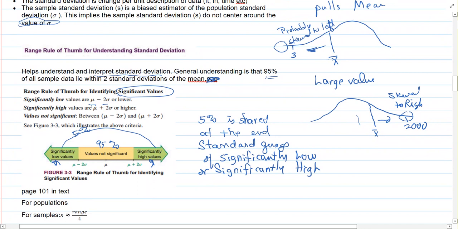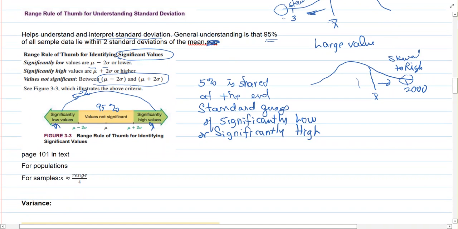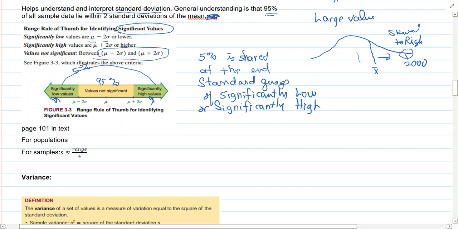And then significantly high values are mu plus 2 thetas or higher. Values not significant are between those 2 values. All right, and that's from page 101 in the textbook.